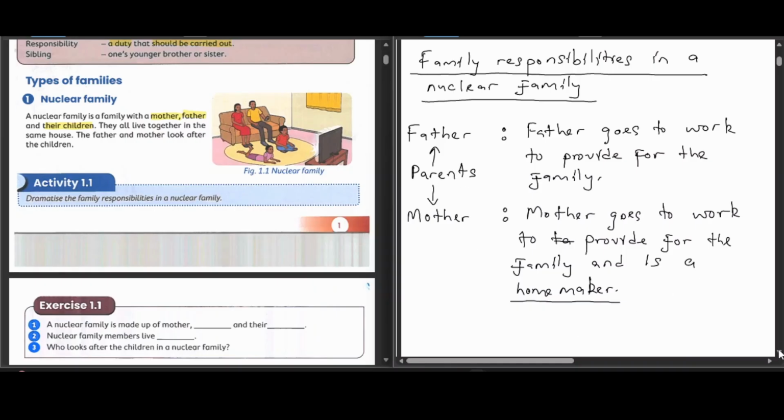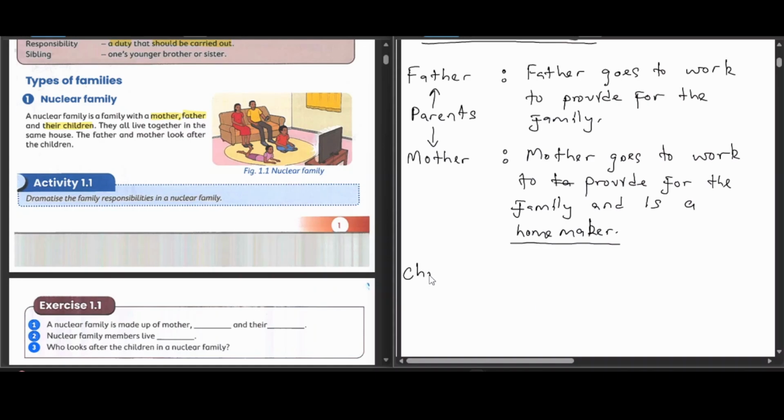What about the children? The children have many different responsibilities. One of them is to help their parents. Children have to be obedient to their parents. Children should also participate in what are called errand runnings.